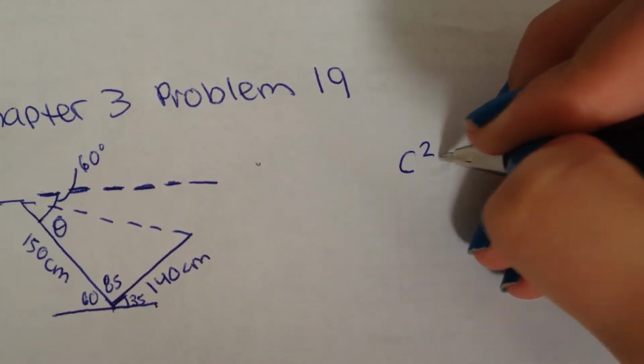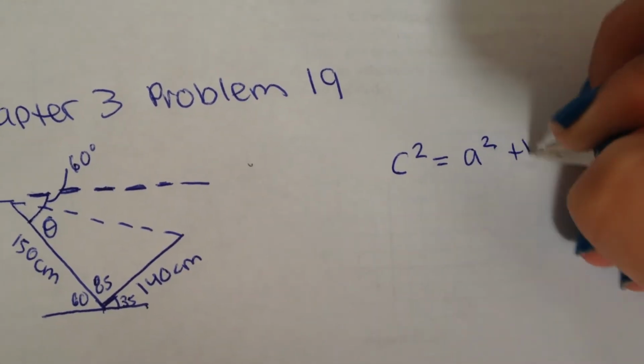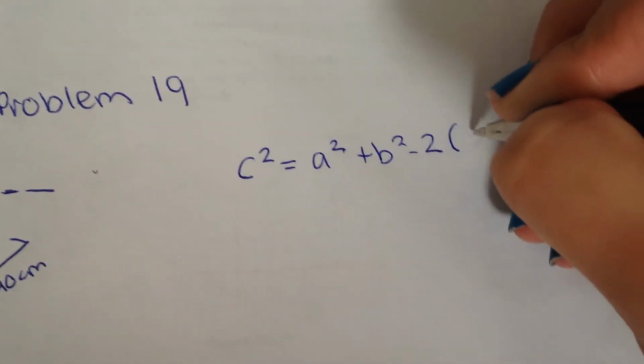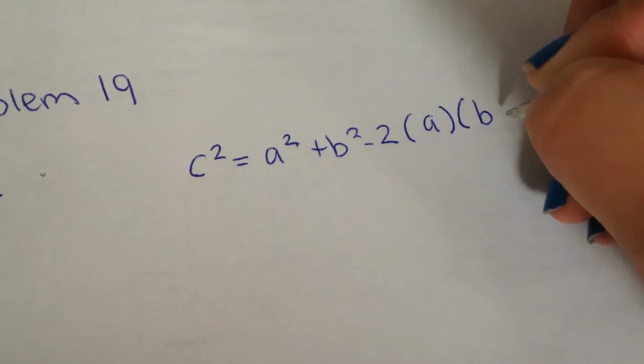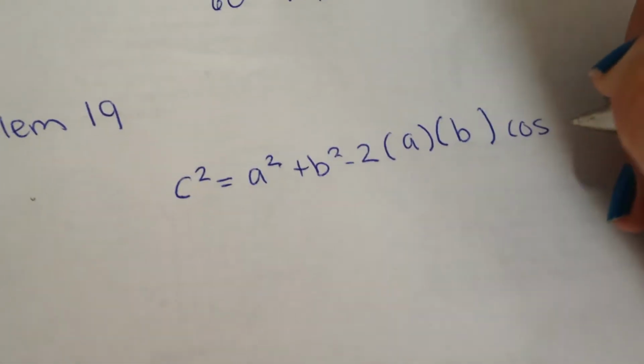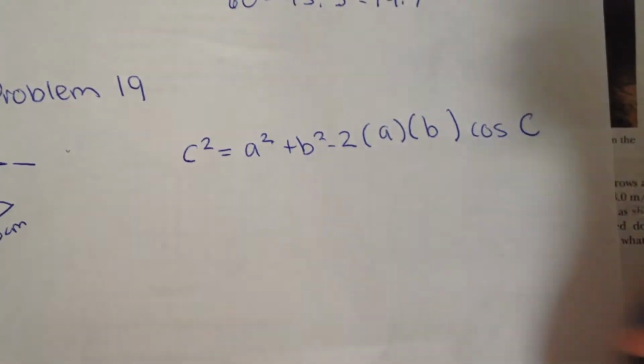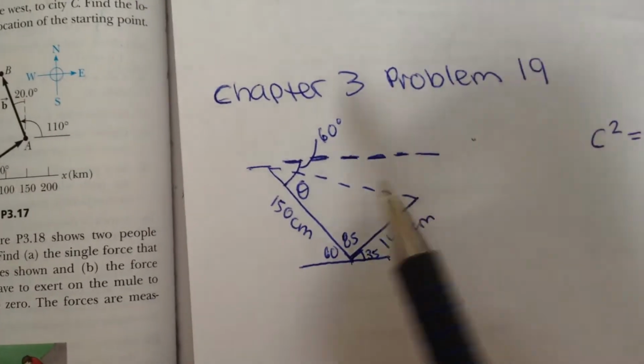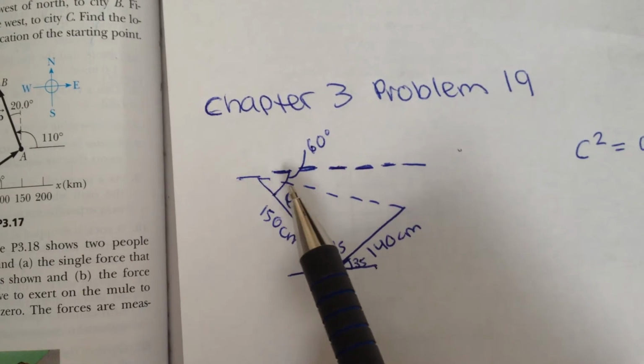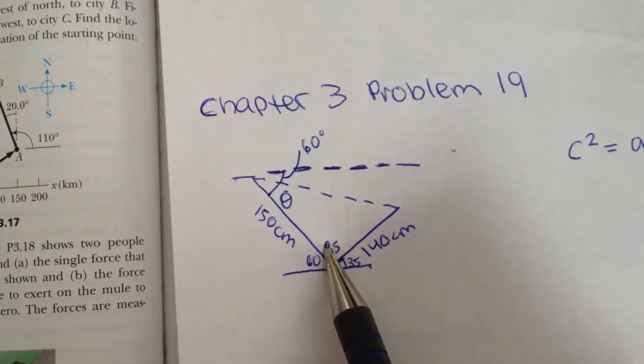So you start with your equation. And you're solving for c squared, which is this whole length, and you're using this angle 85 because it's your only given angle.